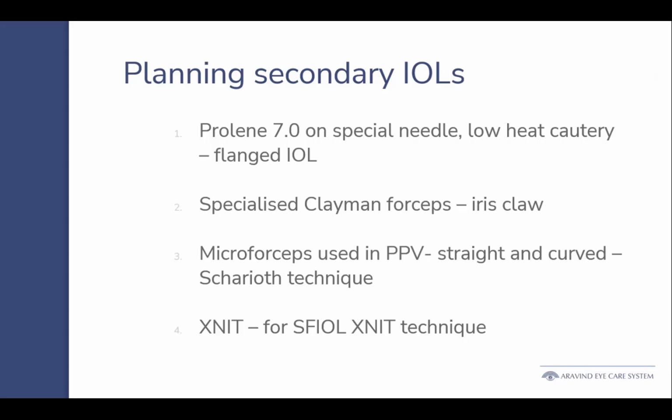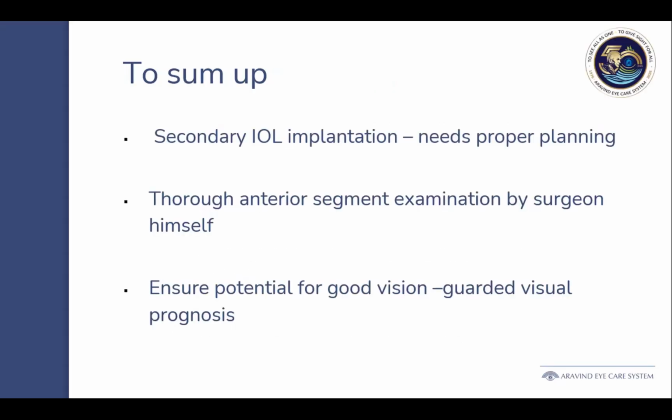Prolene 7O on special needle and low heat cautery as shown for flanged IOLs. Specialized Clayman forceps, or you also have some arms which you hold at the center, will show you where to enclave the iris claw. Microforceps used in PPV, straight and curved for the Chariot's technique, and the XNet as we saw, and the XNet for the SFIOL XNet technique.